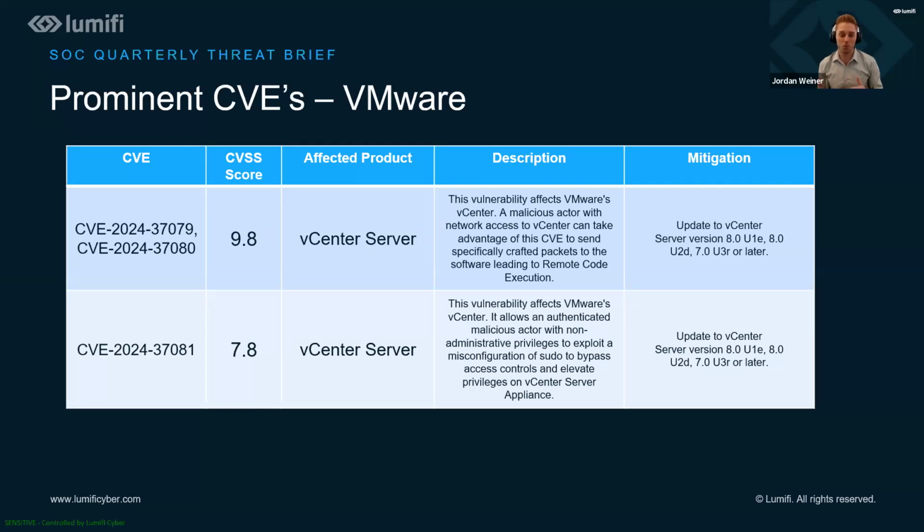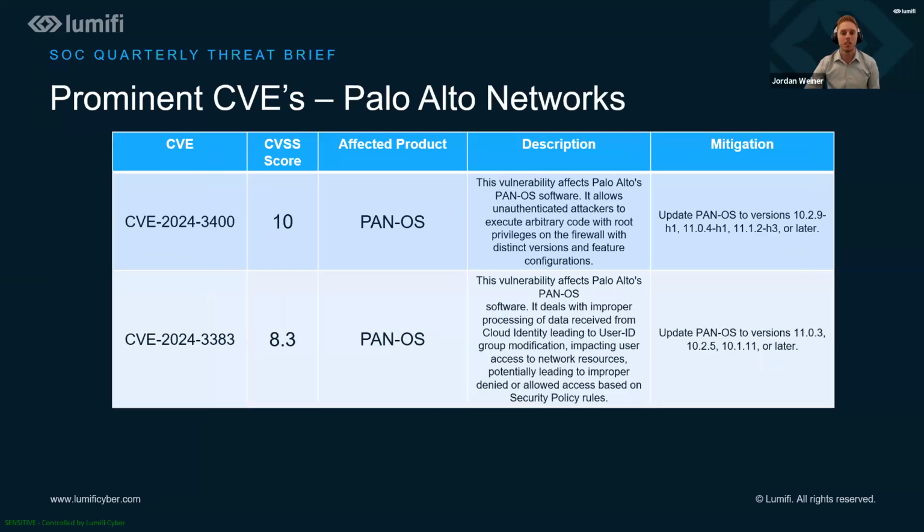Due to the limited information about how this vulnerability is executed, and no POC released up to this point, it can be difficult to build detections. But again, the risk surface here is a bit lower because it has not been observed exploited in the wild. So from a mitigation perspective for both these CVEs, it's just updating to the most recent versions of vCenter.